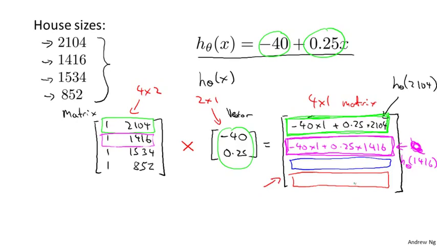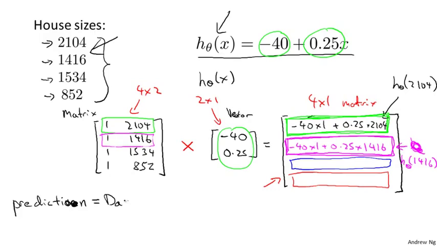And the neat thing about this is that when you're actually implementing this in software, when you have 4 houses and you want to use your hypothesis to predict the prices of all of these 4 houses, what this means is that you can write this in one line of code. When we talk about Octave and programming languages later, you can actually write this in one line of code.